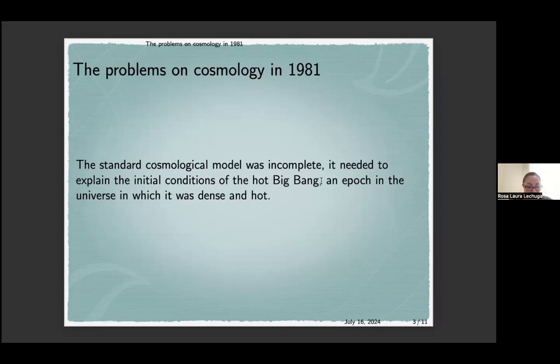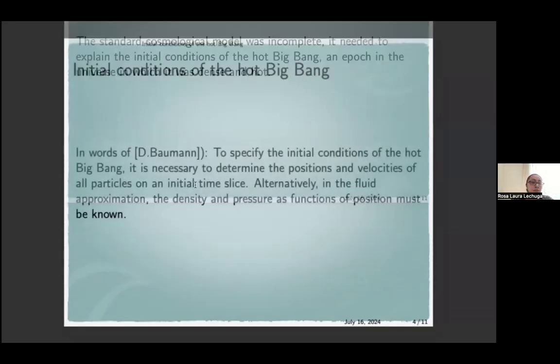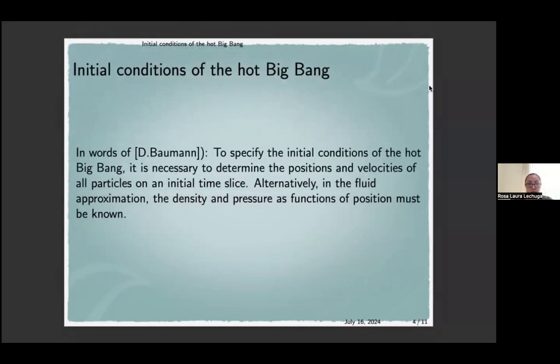about what we don't know and what we know about the epoch. And the people at this time thought that the universe was dense and hot, but in terms, for example, or in words of Baumann, this is one of the books of the bibliography, he said the people at that time should specify the initial conditions for this Big Bang.